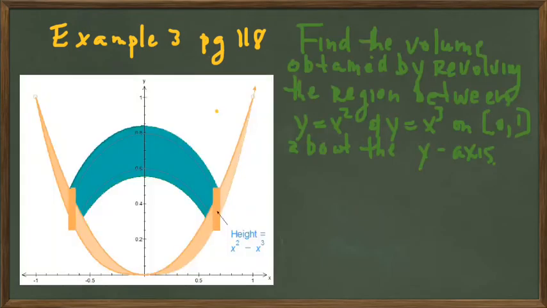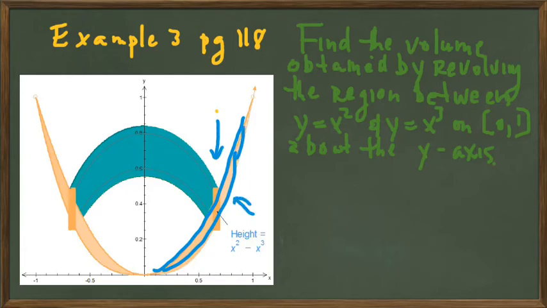So in this example, we're revolving this thin sliced region, this crescent-shaped region between y equals x squared, the upper curve, and y equals x cubed, the lower curve, about the y-axis, and they intersect at 0, 0 and at 1, 1.